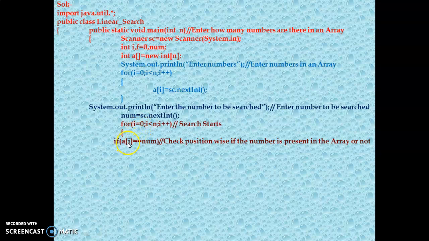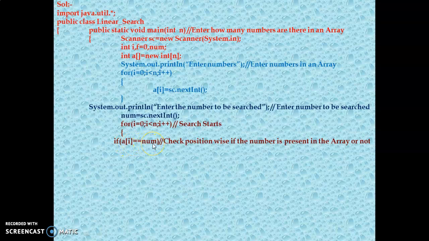So if a of i, where i is 0, so if at the a of 0 position we get the number we are searching for, we check the equality condition of both of these. This is the array element which we have in the 0 position first, and this is our number.